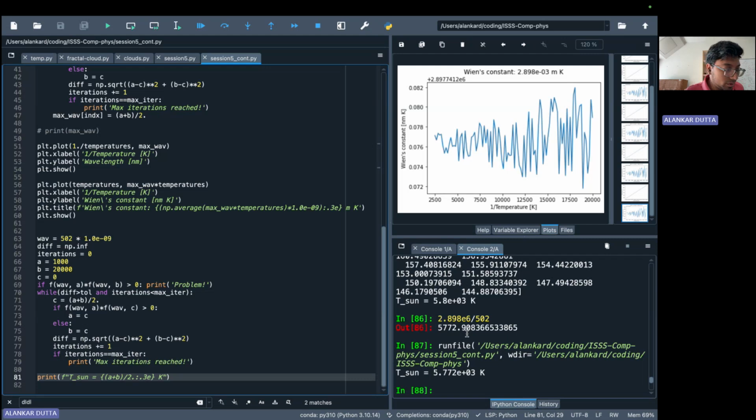Right. So please let me know if this part is clear or not. Okay.